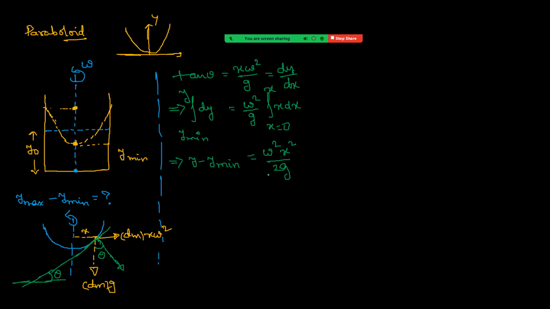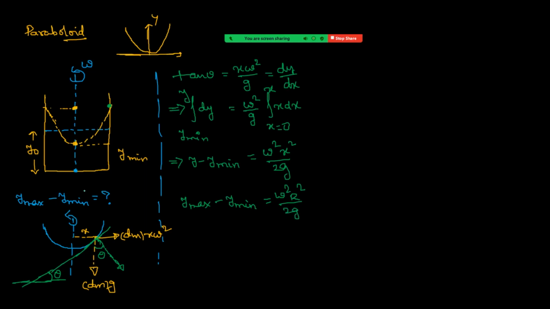Now focus carefully. When you are taking x equal to r, y will be maximum, right? That means when I am taking x equal to r, y will be maximum. That means y maximum minus y minimum is equal to omega square r square by 2g.